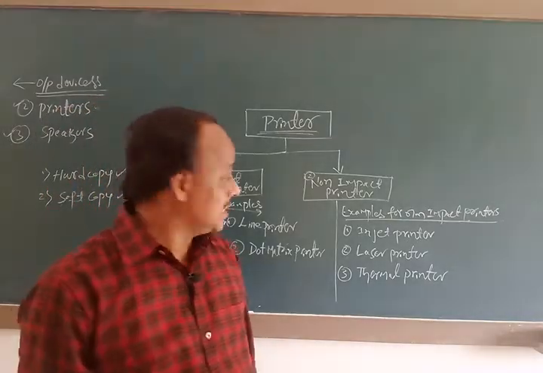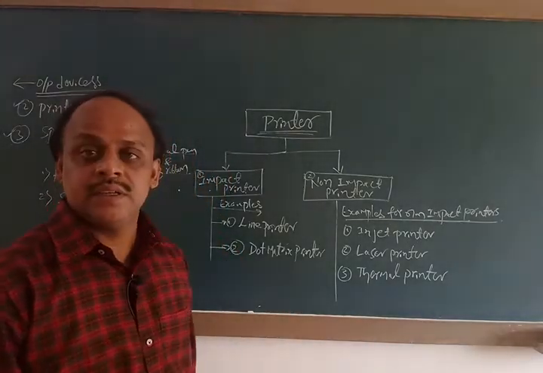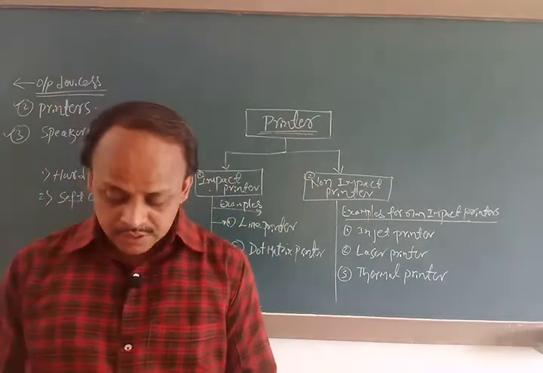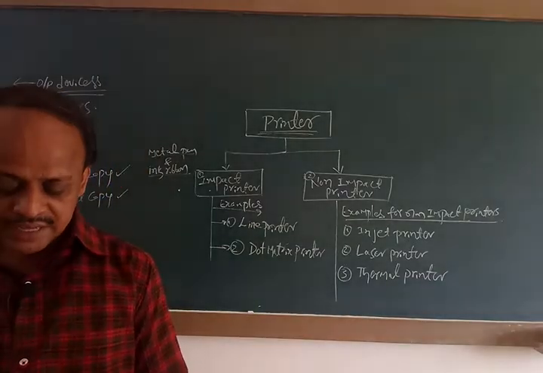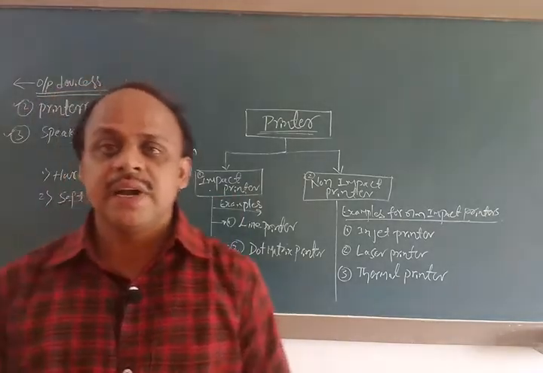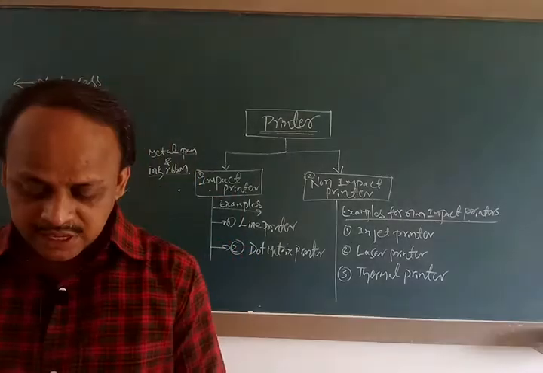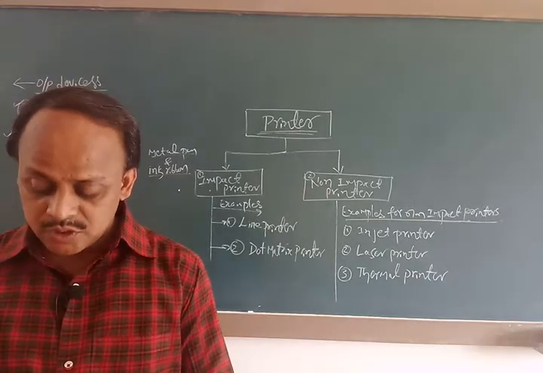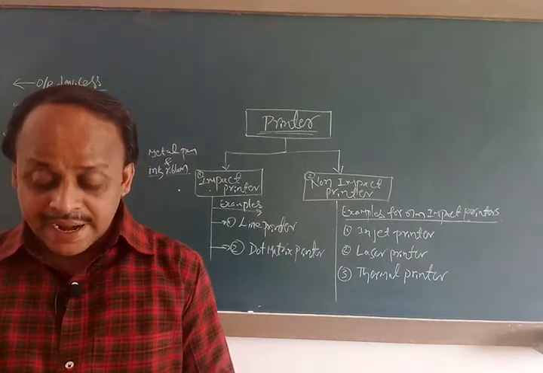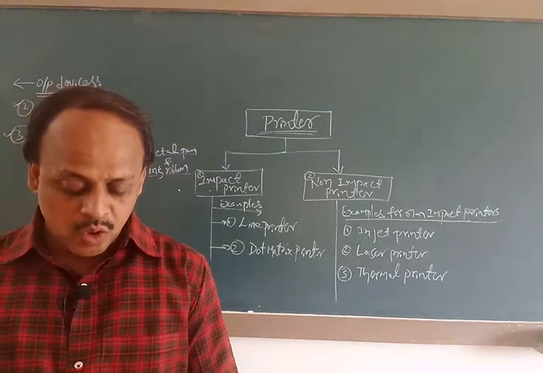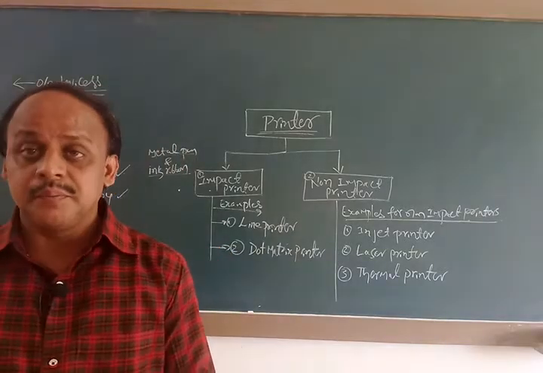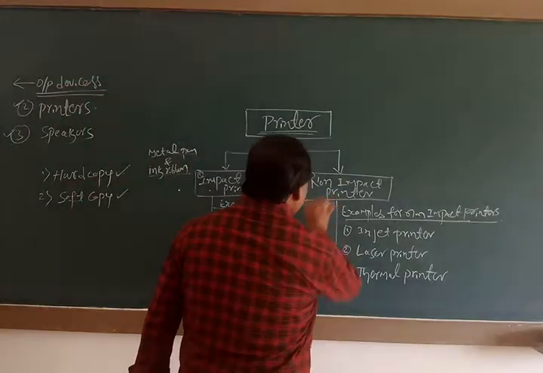Now let us see what a non-impact printer is. What is meant by a non-impact printer? Here, these do not use a striking device. Means in the non-impact printer there is no striking device. The ink or semi-solid ink is stored in the cartridge, and the flow of ink is controlled by the processor.